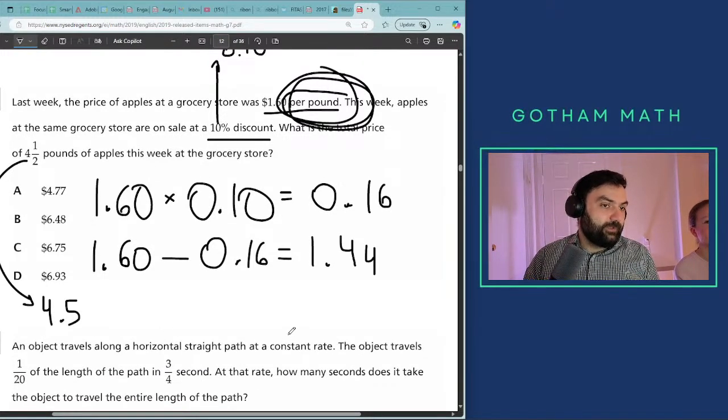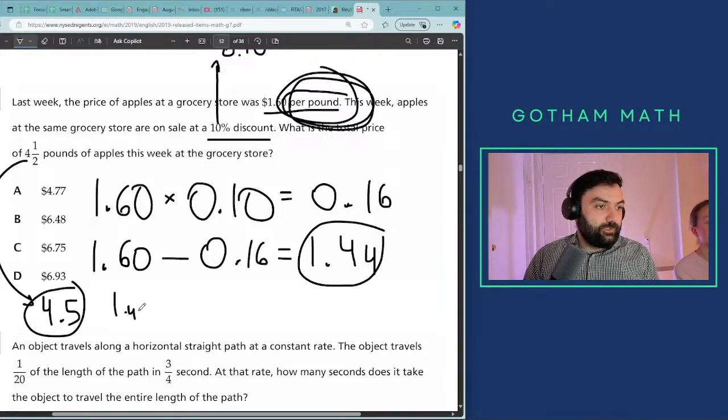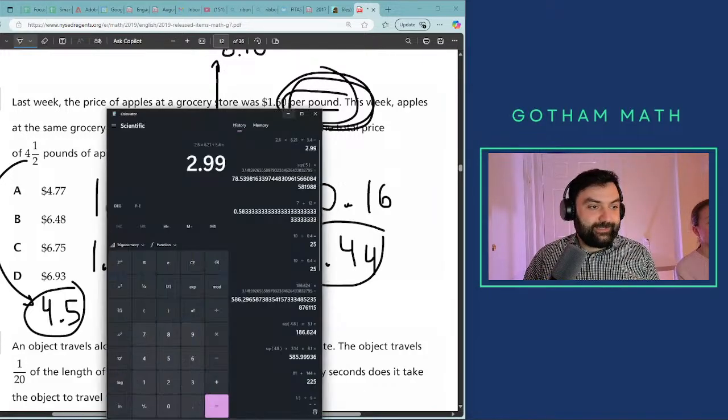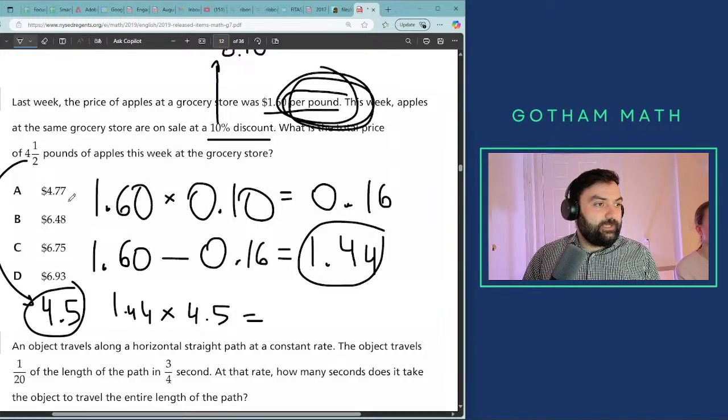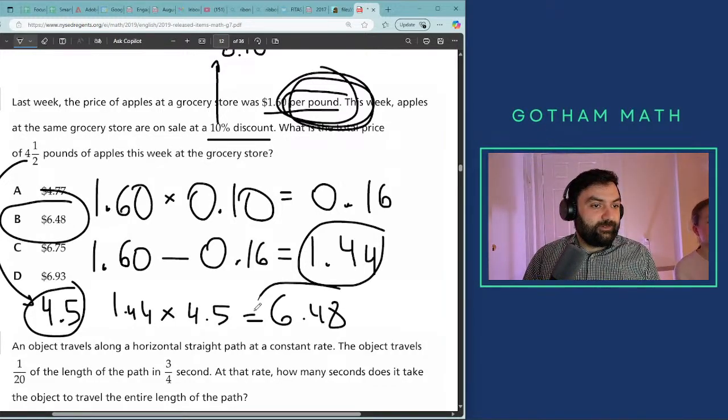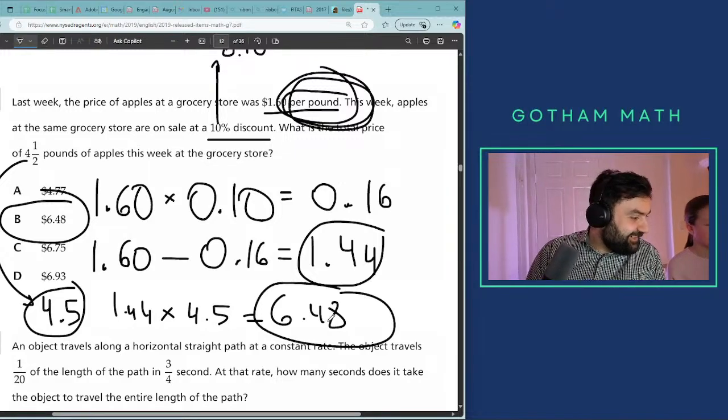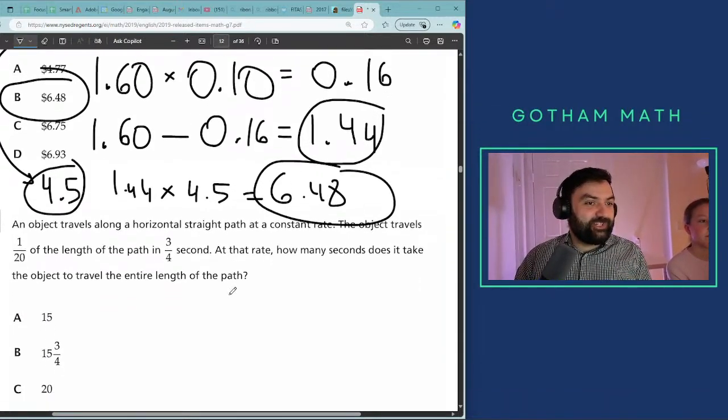So since this is per 1 pound and we're looking for this many pounds, all we have to do is just multiply. 1.44 times 4.5, which is 6.48. That's the answer. All right, next question.